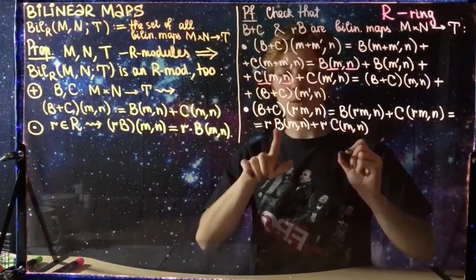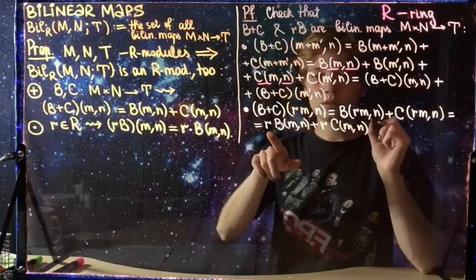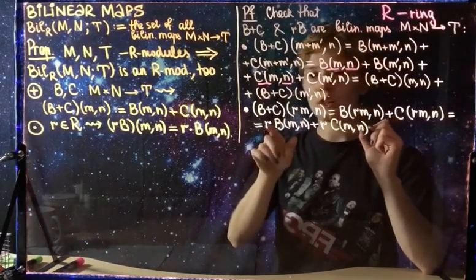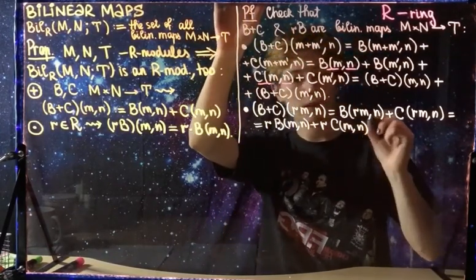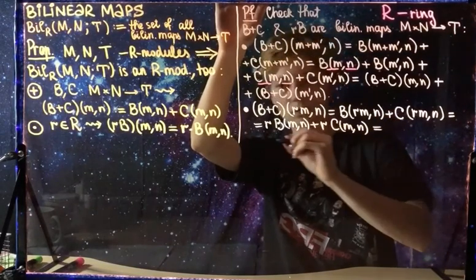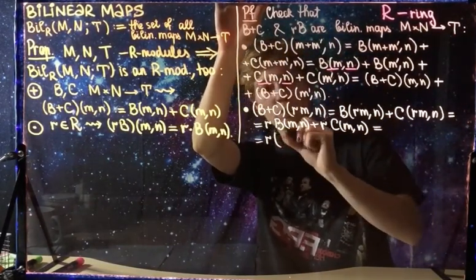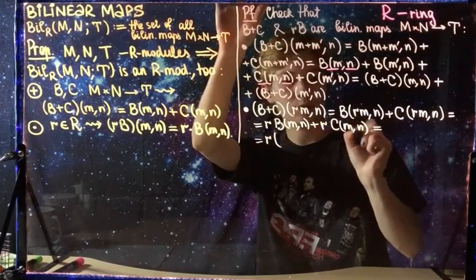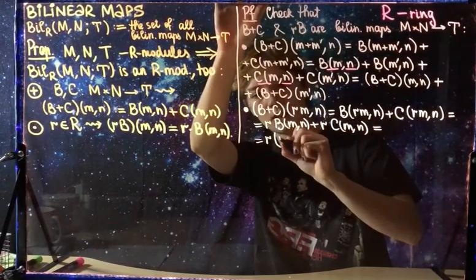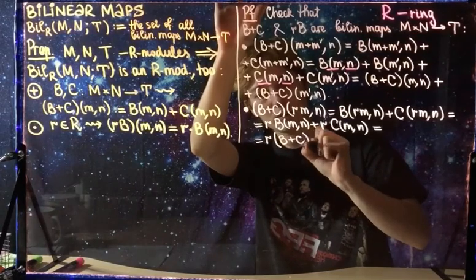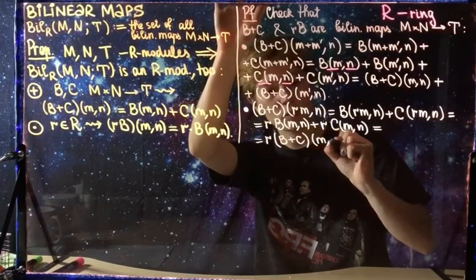And so we can use distributivity and pull r out of the parentheses. So we would get r times B of m n plus C of m n, which is the definition of B plus C applied to m comma n.